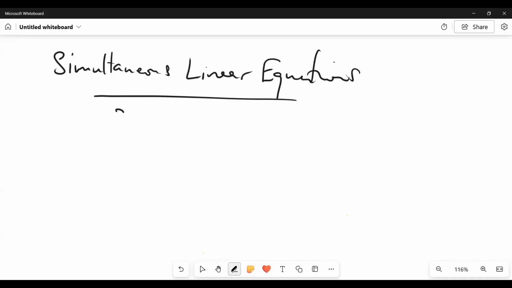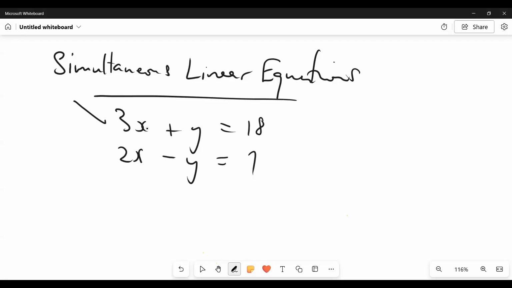Maybe you have 3x plus y equals 18. Maybe you have 2x minus y equals 7. This is really a straight line. If you rearrange this, you get what? y equals minus 3x plus 18, right? y equals mx plus c.